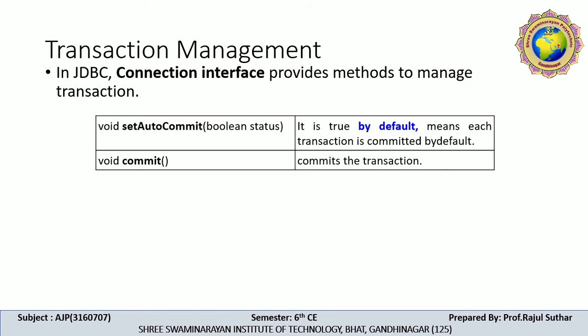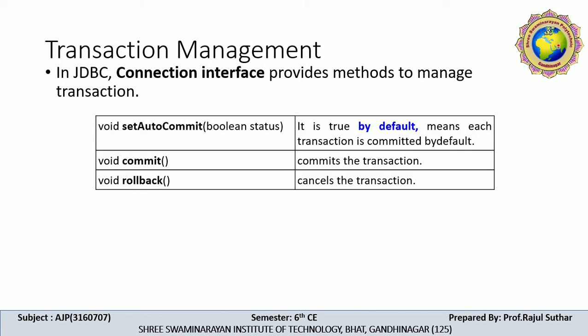We are all familiar: commit is to save the transaction permanently. The simple syntax is commit and semicolon. Void rollback is nothing but the undo operation, so it cancels the transaction.